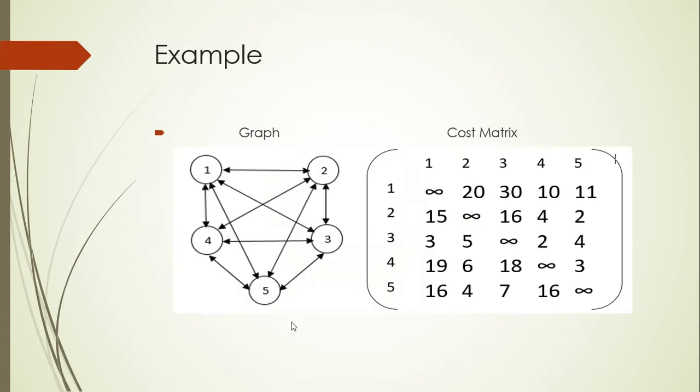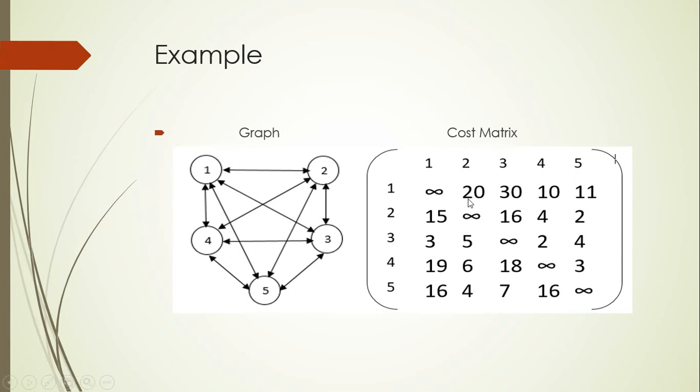So this is a working example. In this example, we are considering these 5 nodes. That means those are the 5 cities here. And this is a cost matrix. In this matrix, you can find the distances from each node. 1, 2.